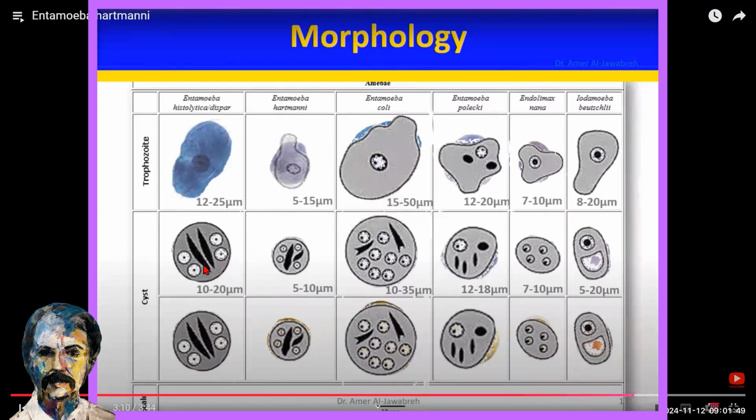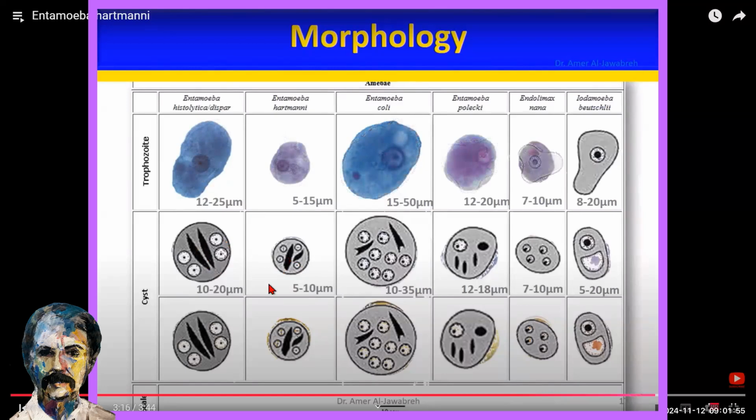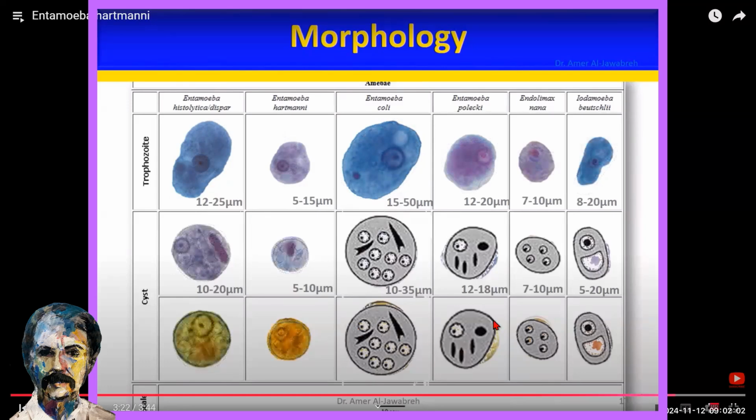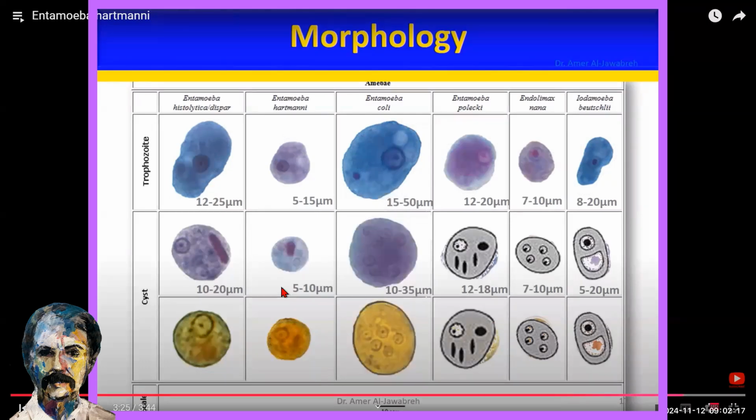Chromatoid bars here, they are lost when they mature, but here they are retained. 4 nuclei, 4 nuclei, almost the same. So see how it looks? 4, but we can only see 2 here, and a chromatoid bar. 1 here, and a chromatoid bar. 1 here, 1 here, and a chromatoid bar. So 4 is not something you see every time.